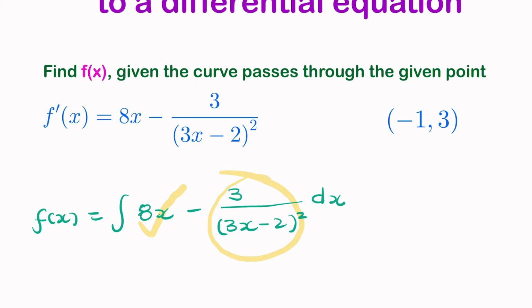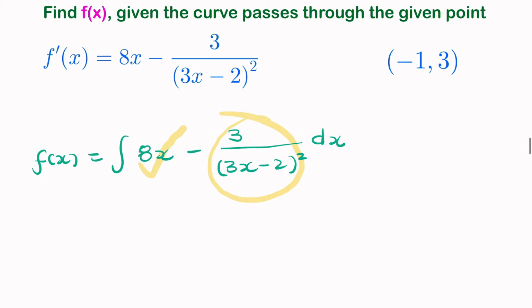Integrating this is slightly less obvious. So let me remind you of something we call the reverse chain rule. We could also use substitution, but the reverse chain rule makes it a little faster.